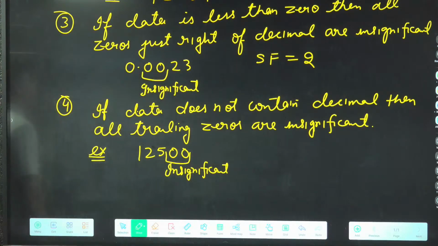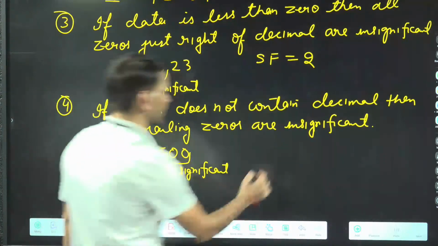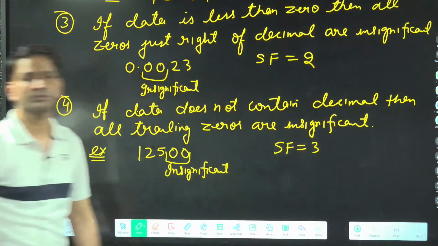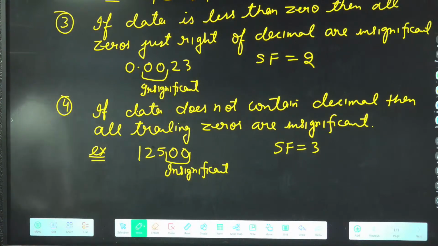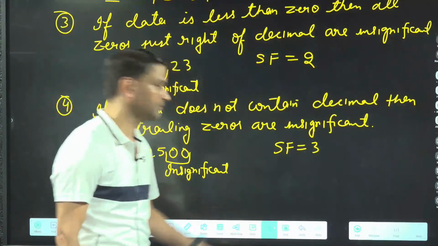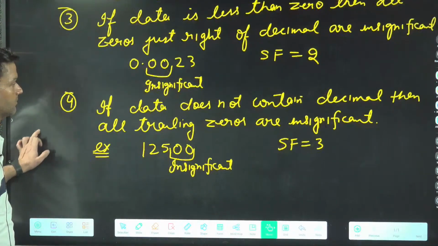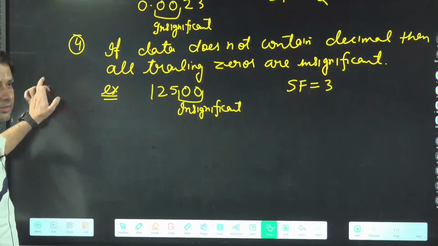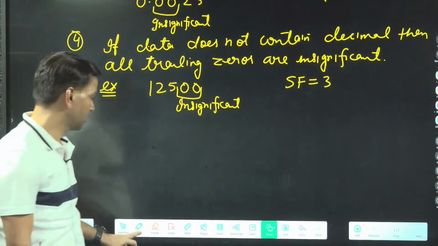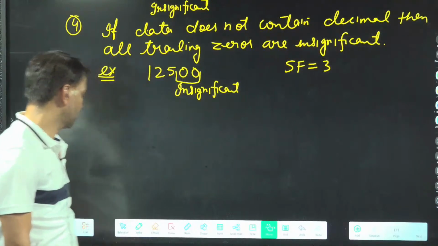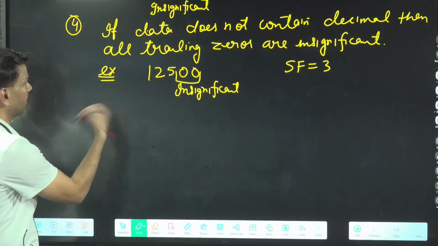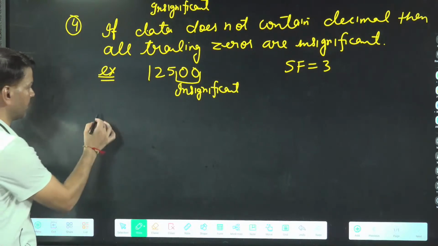So how many significant figures does it have? 3 significant figures. Any problem in this?